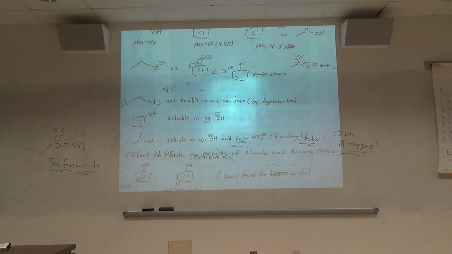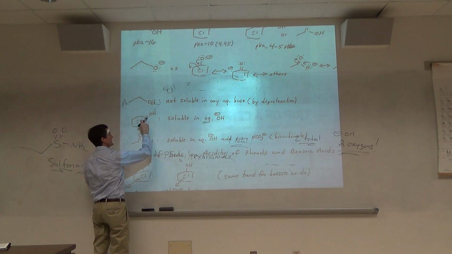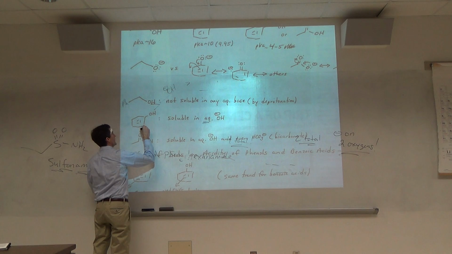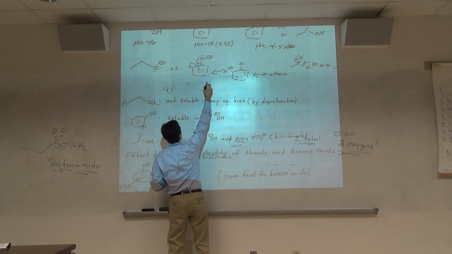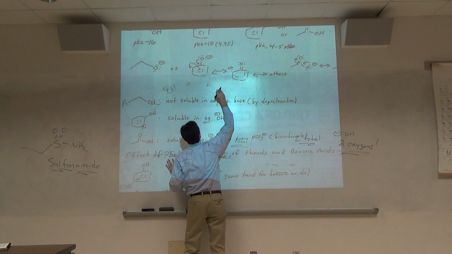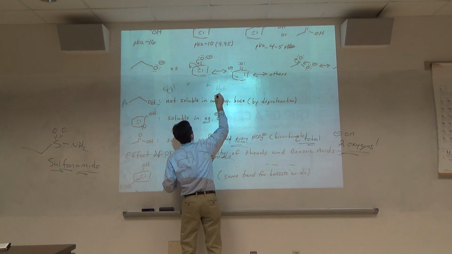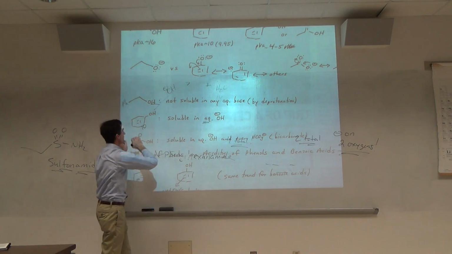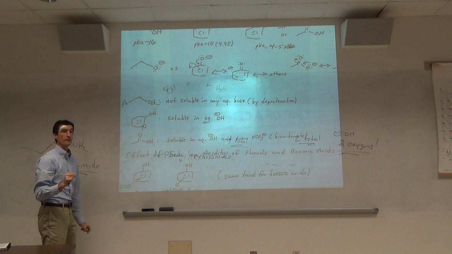So you have to go back and remember your pKa's and your equilibrium. What's the pKa of this? 10. When this reacts, you get that plus what? Water. What's the pKa of water? 16. Which side's favored, 10 or 16? 16 is favored because it's a weaker acid.